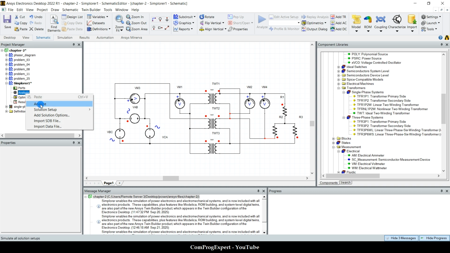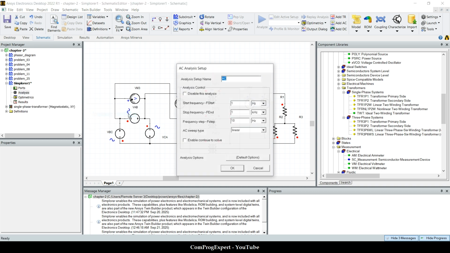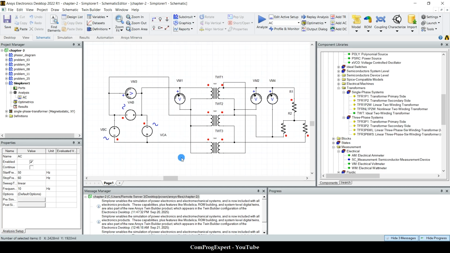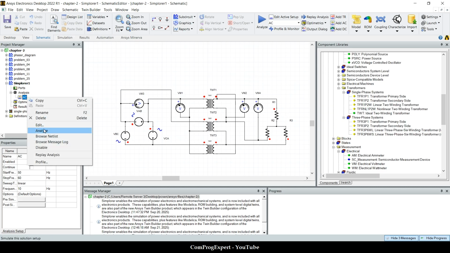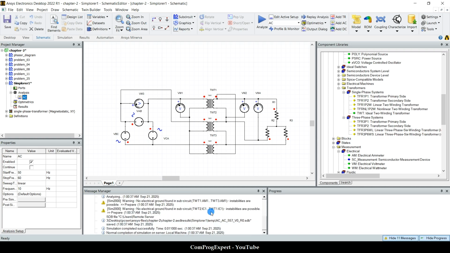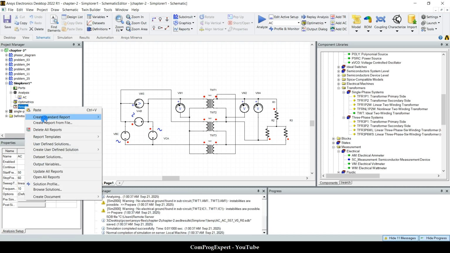So now let's use an AC solver, 50 and 60 hertz, right, to run the simulation only for these two frequencies. Let's run, analyze, then we can check the quantities. Simulation done.